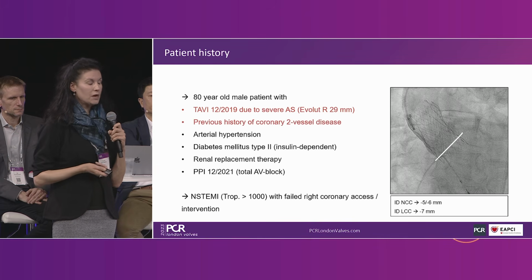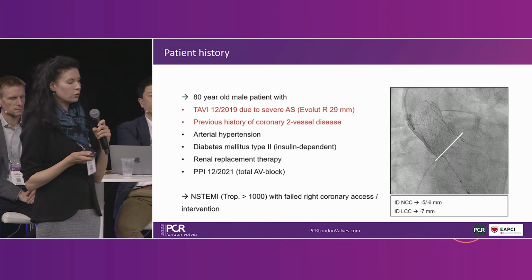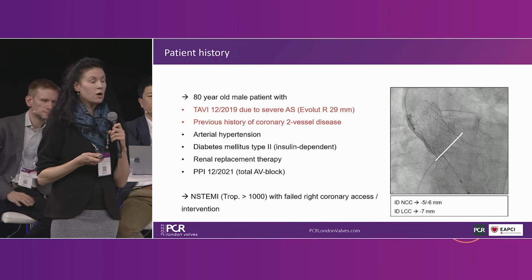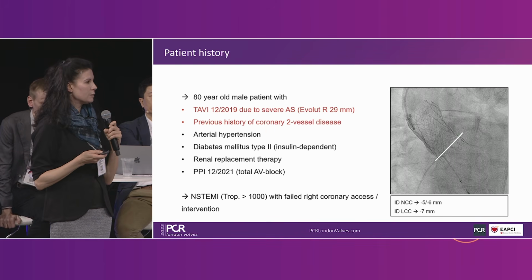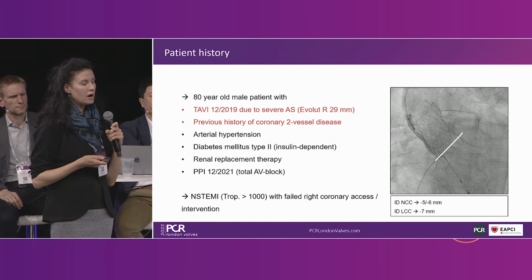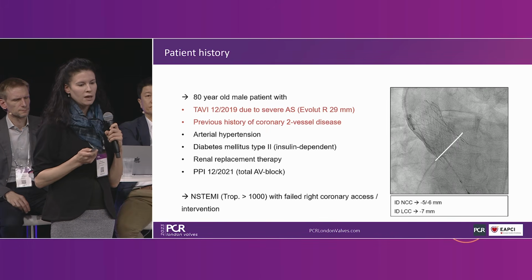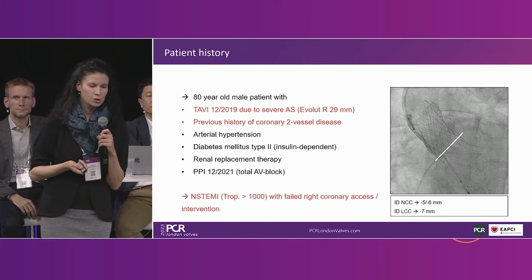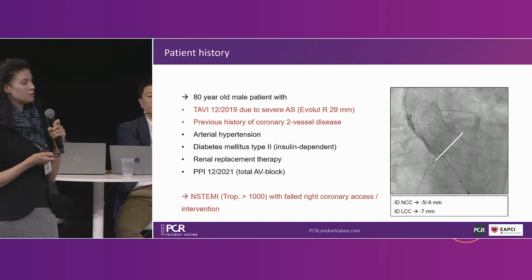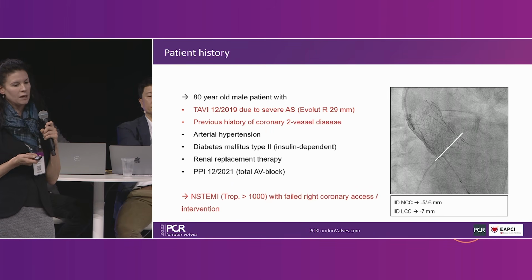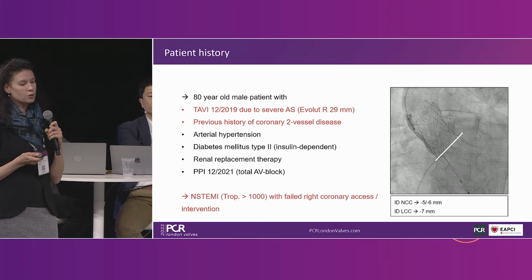Second, the patient already had a history of coronary two-vessel disease, also including previous PCI of the right coronary artery prior to TAVI. And finally, the patient was transferred by another hospital due to STEMI constellation and unsuccessful right coronary re-access.